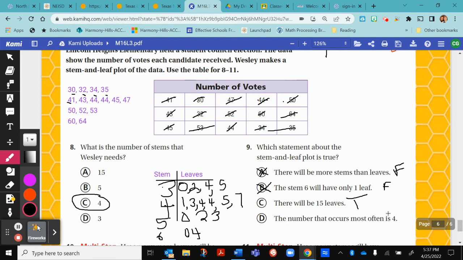I see it would be the most digit, because it's 34 and then 44, 44. So the most common number, I guess, would be 4, but it's too debatable, so I'm going to put false. So the best answer to this is C.